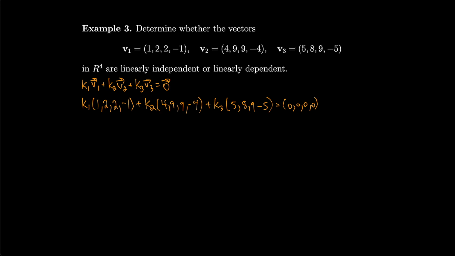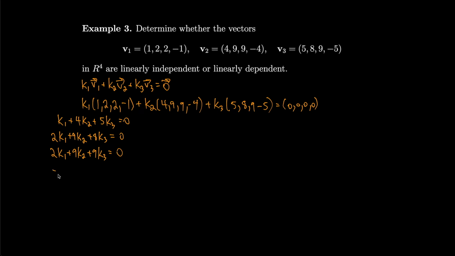Equating the first coefficients gives us k1 plus 4k2 plus 5k3 equals 0, because it's 1k1, 4k2, 5k3 for the first component. For our second component, we get the equation 2k1 plus 9k2 plus 8k3 equals 0. Then we get 2k1 plus 9k2 plus 9k3 equals 0.